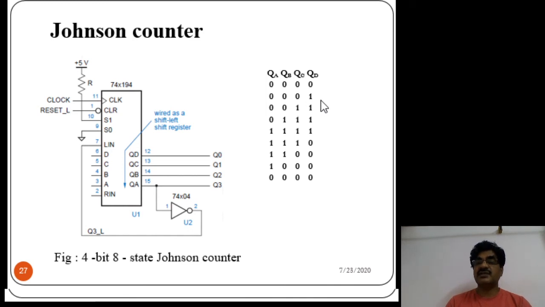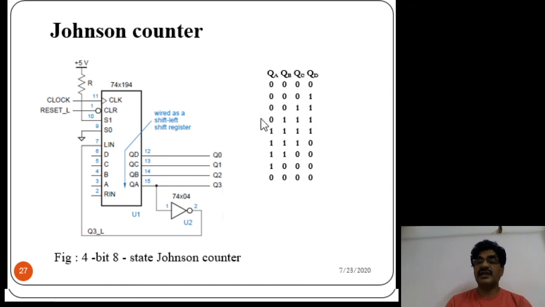For the next clock pulse, the registered state moves 1 bit position towards the left hand side, and the QD position is occupied by the complement of QA. Now the QA value is 0, so its complement value is 1, which fills the QD position. So the new state is 0 0 1 1.